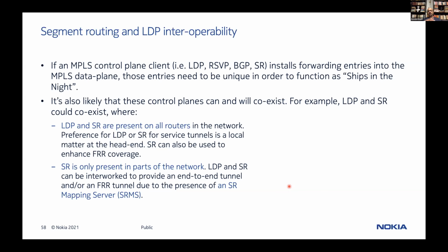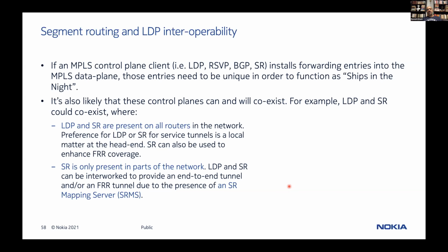So some of the scenarios. There could be a scenario where some routers, or all routers in the network, are running both LDP and SR. So you could start off with an LDP network and then upgrade these routers with segment routing capability, so now you've got both. Then it becomes a local decision at the router on whether you use LDP or segment routing.